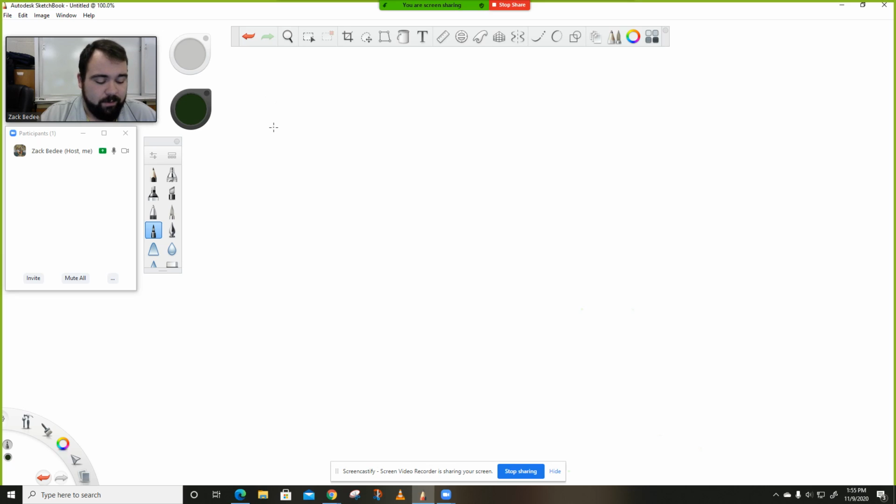So let's start off with our launched projectile. Delta y, delta x. We'll start off with whatever v total is. So Vt is 15 meters per second.